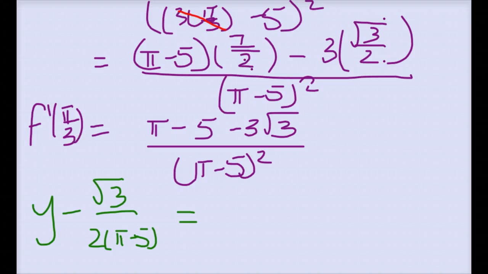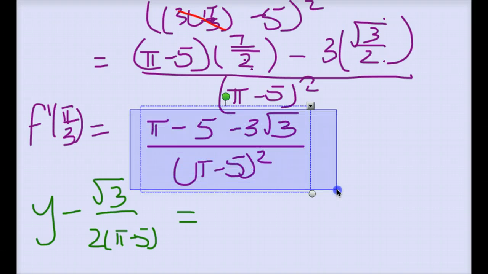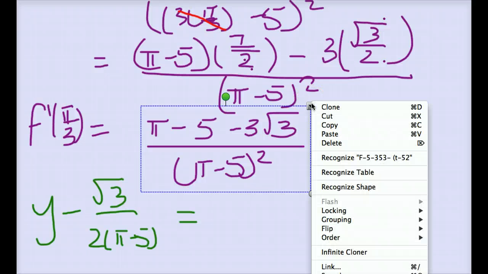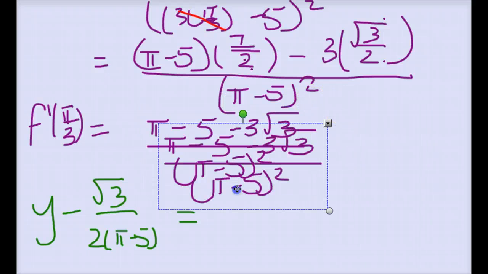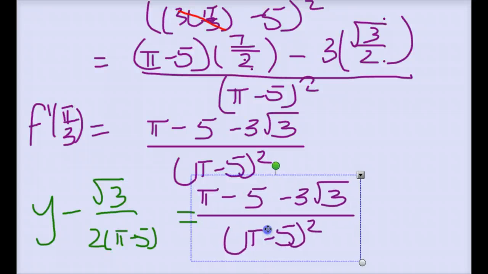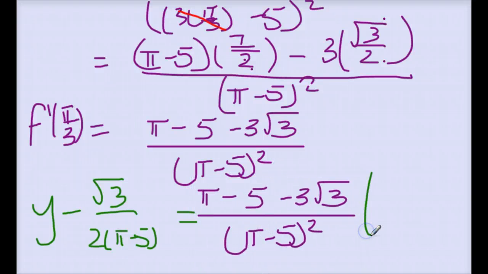I'm going to be lazy and clone this so that we don't have to write it again. And to finish it off, I get x minus our x1, which is pi over 3. Good.